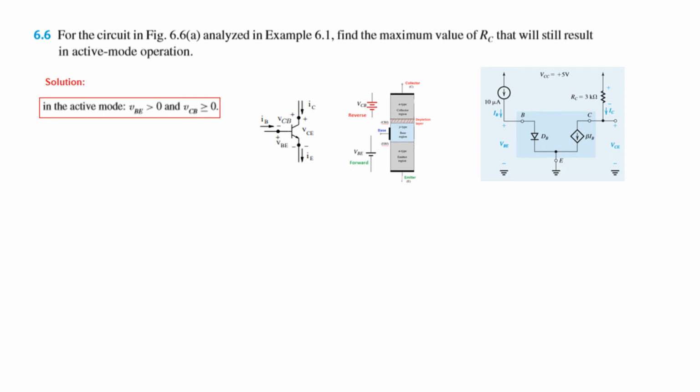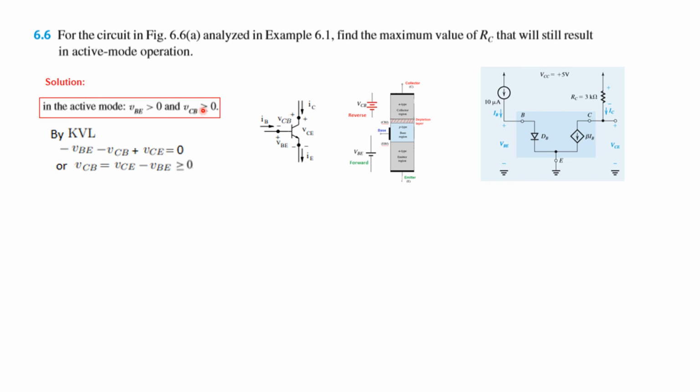Now in the symbolic form, this is the representation. So from here we can use KVL, going from here minus VBE, minus VCB, and plus VCE equal to 0. And so we can say that VCB is equal to VCE minus VBE. Okay, now VCB has to be greater than 0.